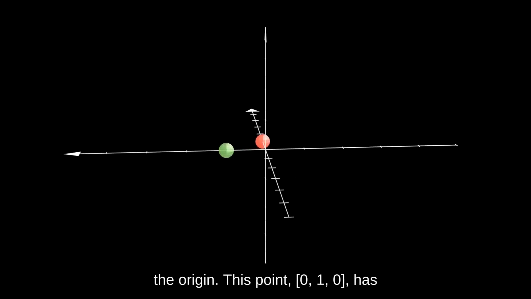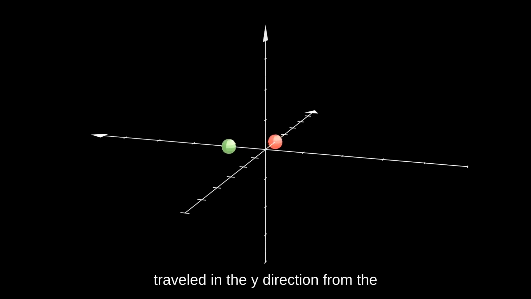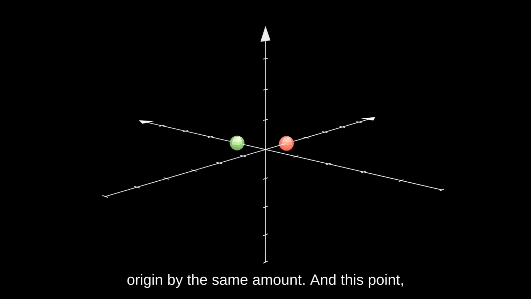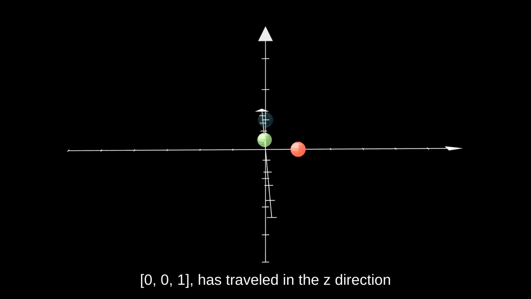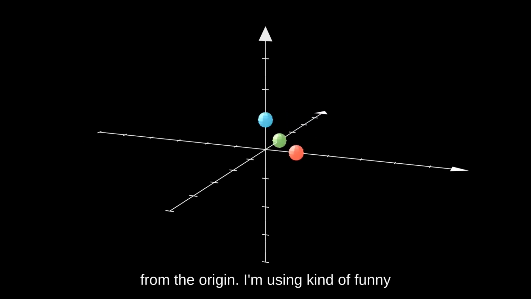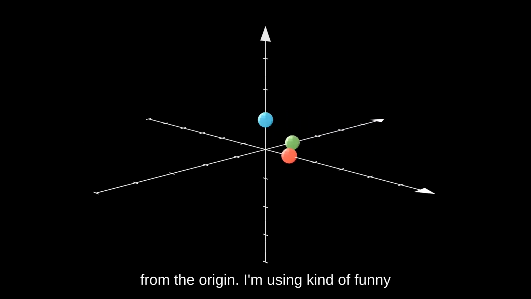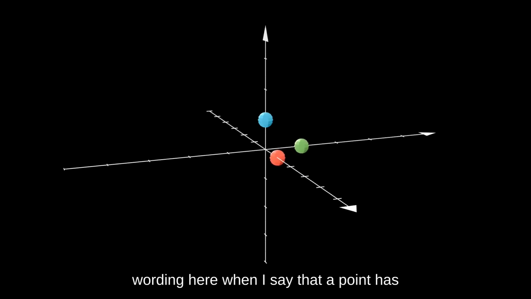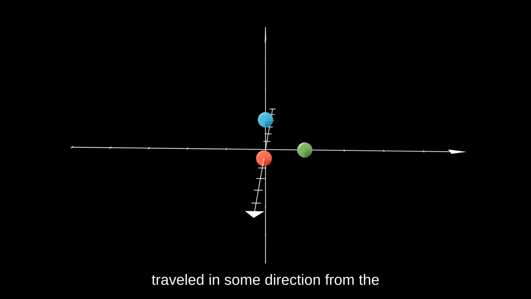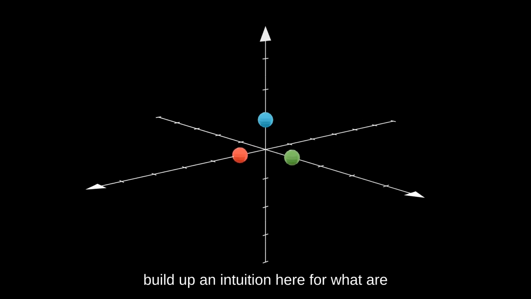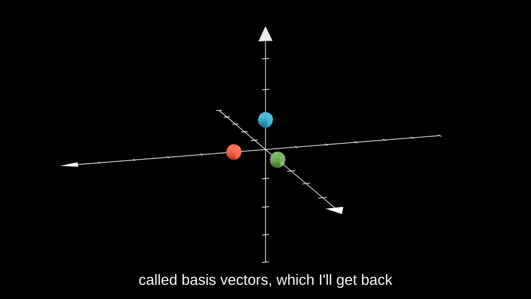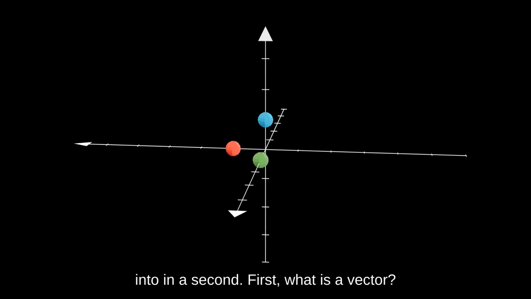This point, 0, 1, 0, has traveled in the y direction from the origin by the same amount. And this point, 0, 0, 1, has traveled in the z direction from the origin. I'm using kind of funny wording here when I say that a point has traveled in some direction from the origin, but that's because I'm trying to build up an intuition here for what are called basis vectors, which I'll get back into in a second.